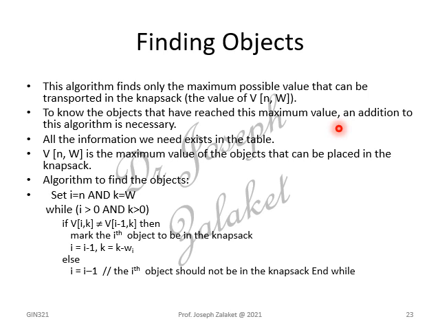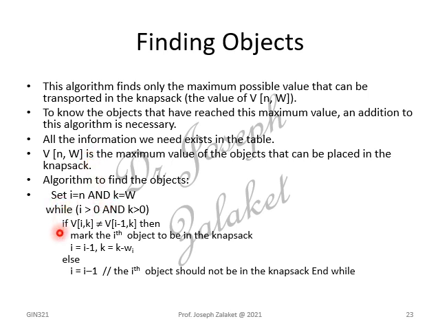We will try to do some backtracking inside this matrix in order to identify these objects. So V[n][W] is the maximum value of the objects that can be placed in the knapsack. Now we'll use this algorithm to find the concerned objects in order to place them and get this maximum.